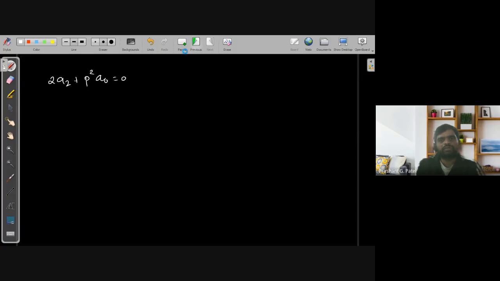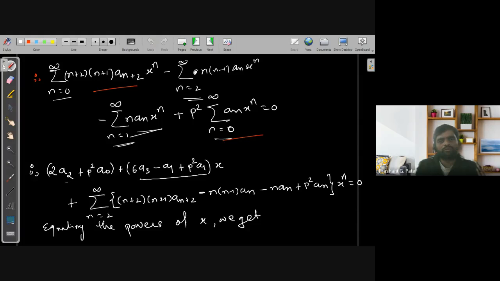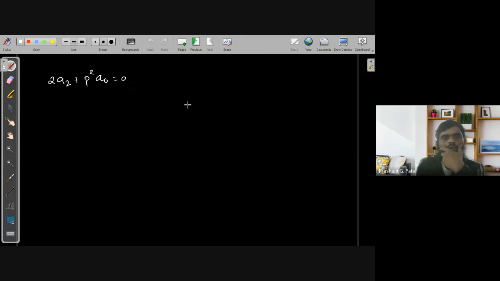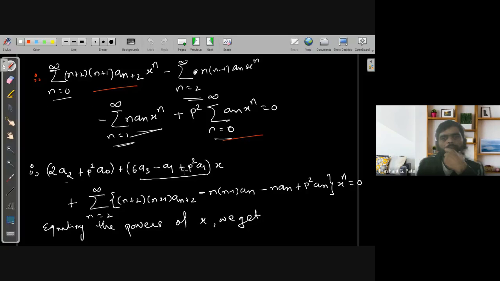The next coefficient, of x, will also become 0. So that will give you 6 a3 minus a1 plus p square a1 is 0.